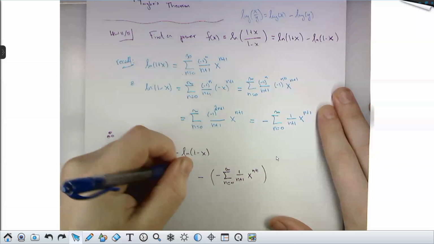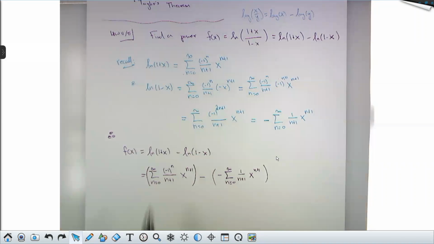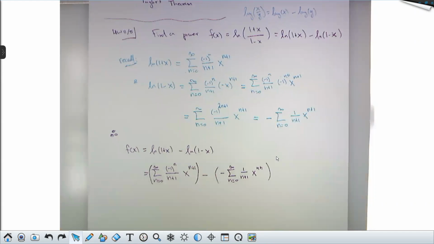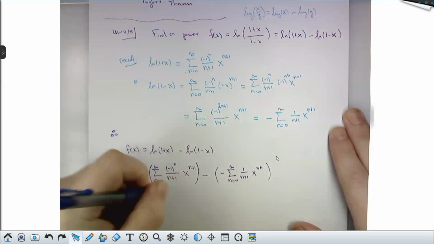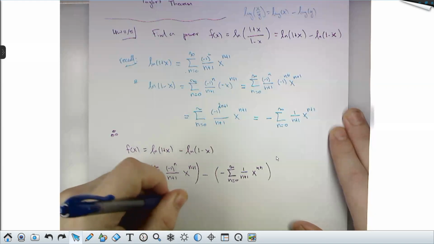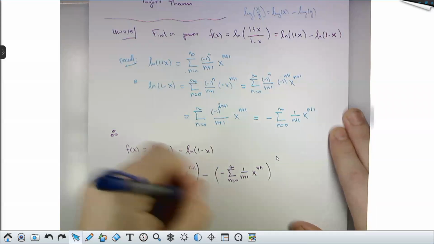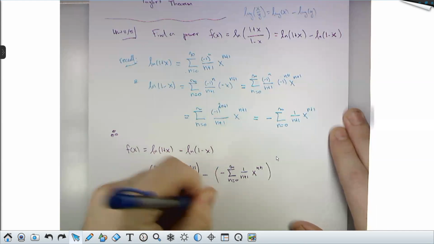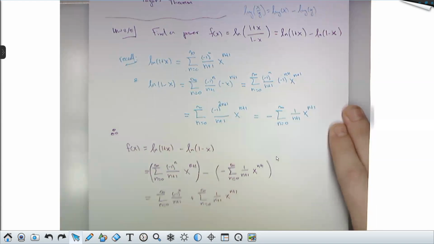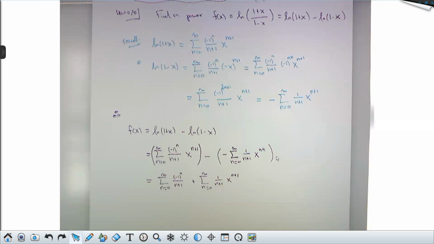Maybe I'll put this one in parens also to help us see exactly what's going on. Here's the series for the first piece. Here's the series for the second piece. Now, of course, this minus a negative is going to become a plus. And this is what we get.